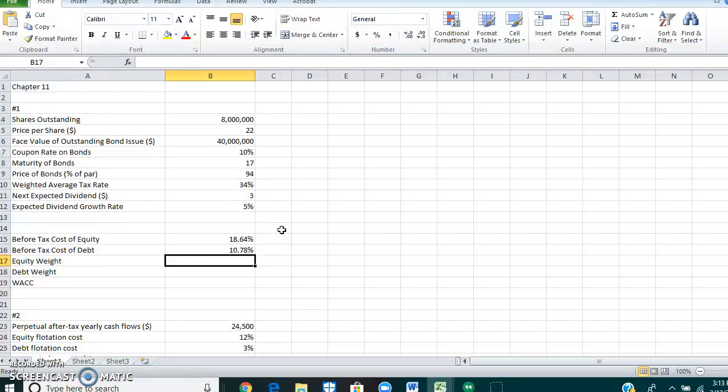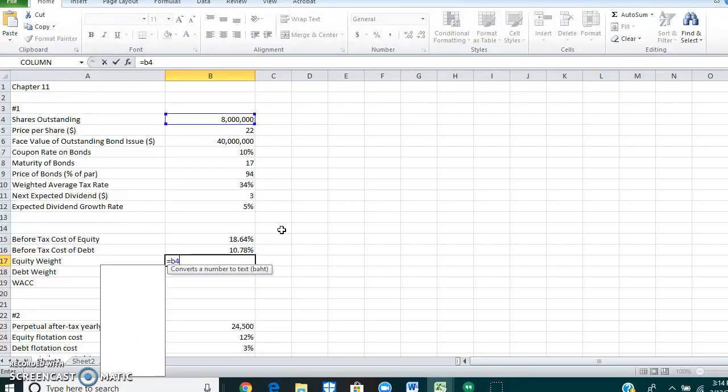So next, the equity weight. We figure the equity weight by taking the shares outstanding, multiplying that number by the price per share, and then dividing that by the price per share times the shares outstanding plus the face value of outstanding bond issue times the price of bonds divided by 100. Here's what that looks like. Equals sign, shares outstanding.